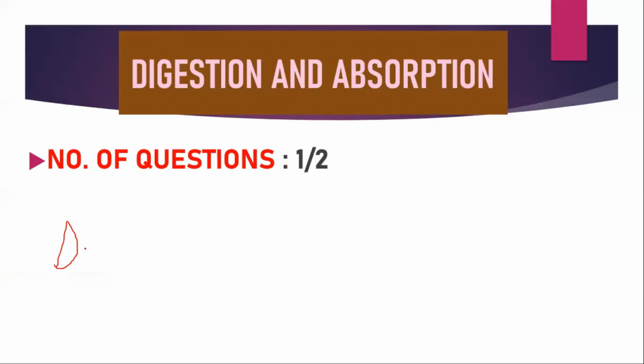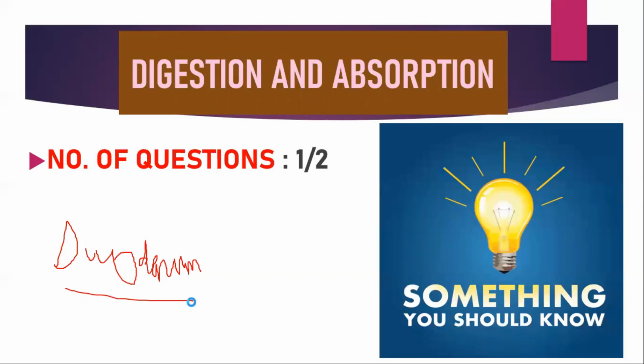So the duodenum has submucosal glands, and the name of the glands, just do not mind my handwriting, I'm sorry, is Brunner's gland. B-R-U-N-N-E-R-S, Brunner's gland. Focus on that. That is again 1 question that comes quite often. So submucosal gland is present in which part of the intestine? Focus on the enzymatic contents. That will suffice for digestion and absorption.